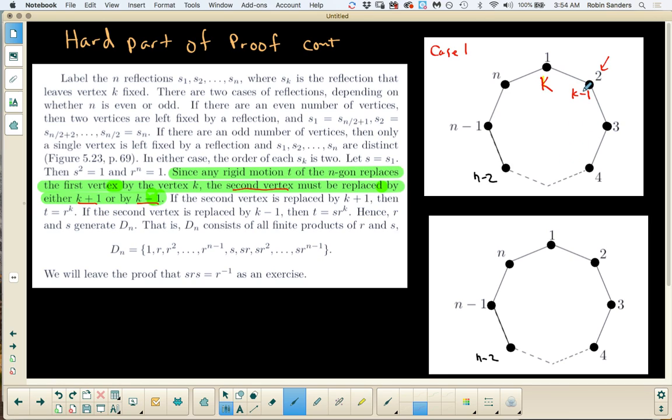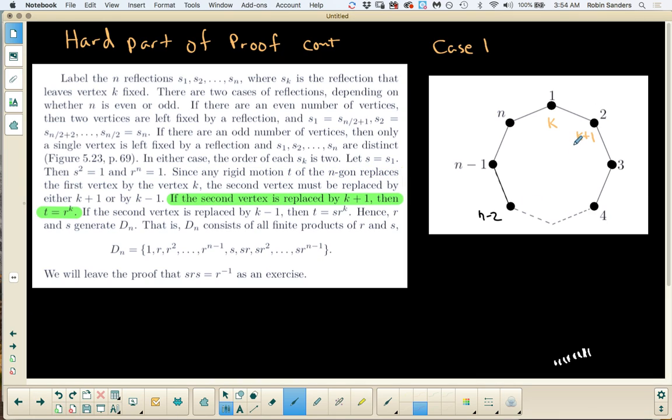Nope, I guess this is going to be K plus 1. And our second case is going to be K got sent to the first spot and K minus 1 got sent to the second spot. Now we have to actually figure out what goes on in each one of these cases, so we're going to look at them individually.